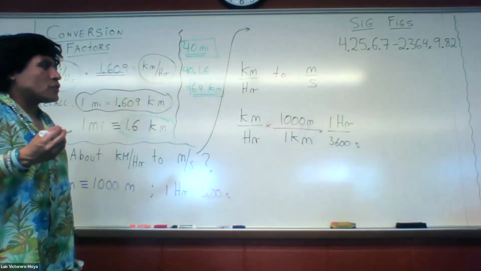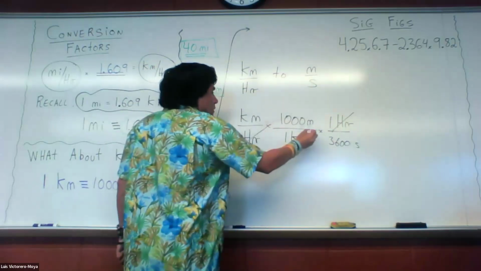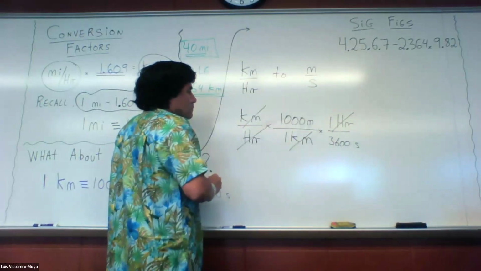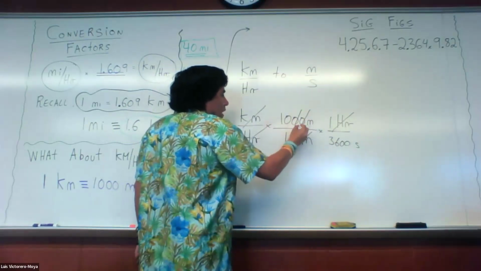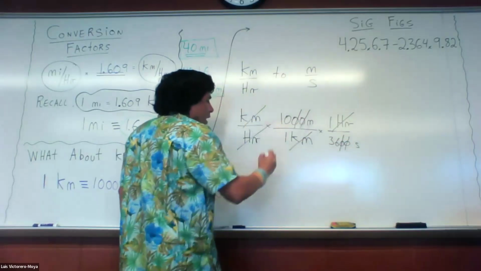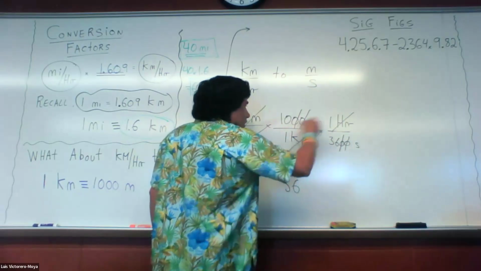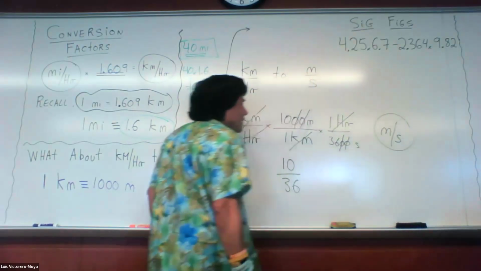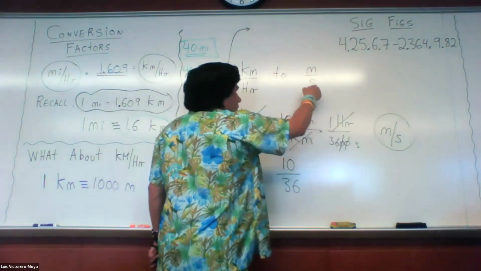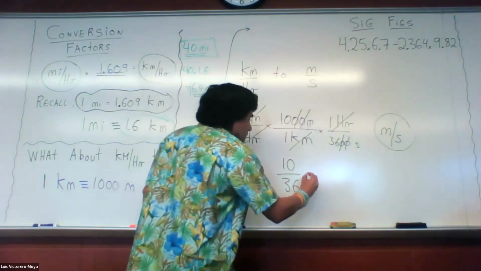My conversion factor is just gonna be a number, or a fraction in this case. That, like I did yesterday, we cancel these two zeros, and then I have 10 over 36. That gives me meters per second, right? That to that. So that's the conversion factor or conversion fraction.